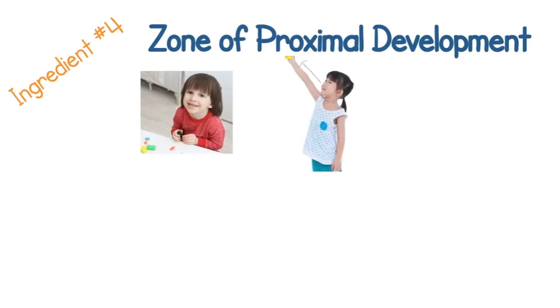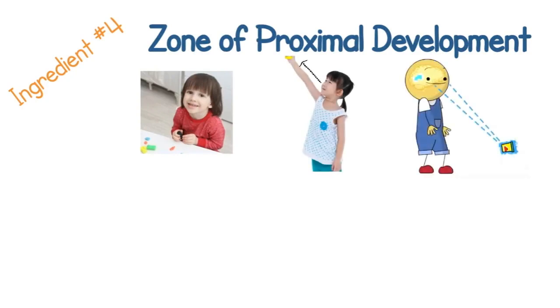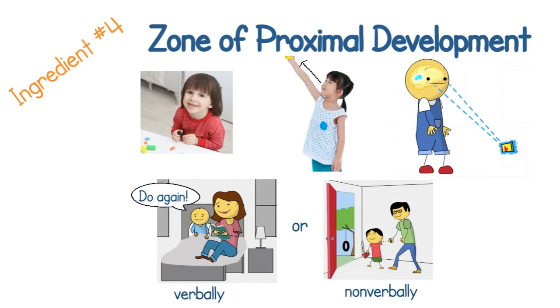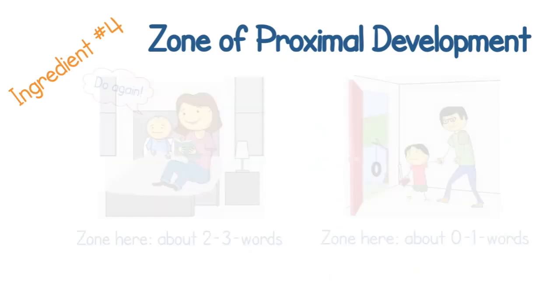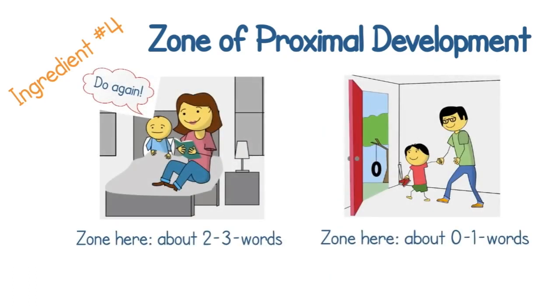Zone of proximal development. We have motivation, we have attention, we have neural activation, and then our child initiates with us communicatively, either verbally or non-verbally. As a result, we now have an excellent estimate of our child's zone of proximal development, or ZPD.